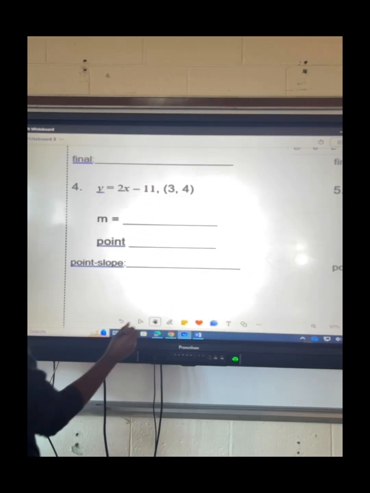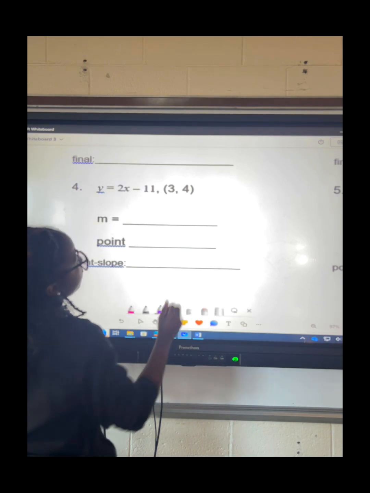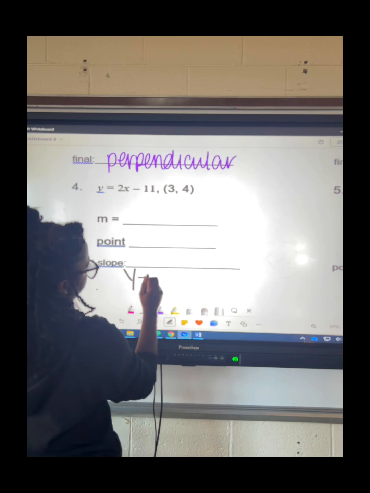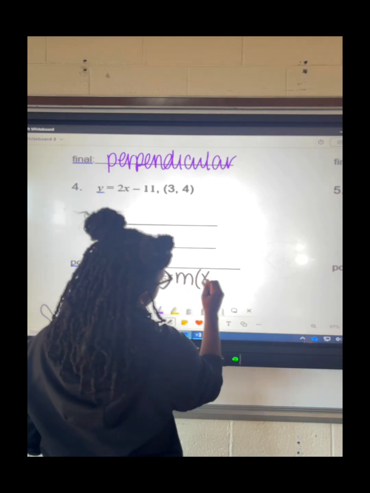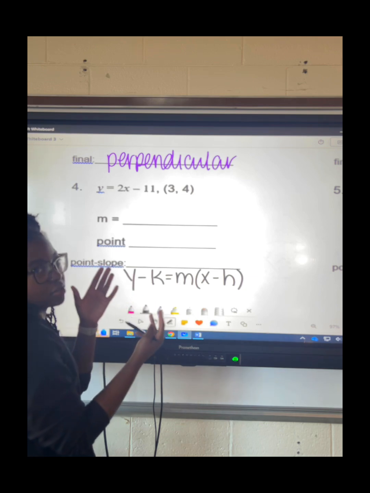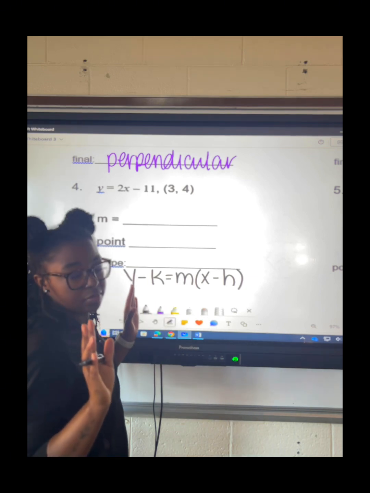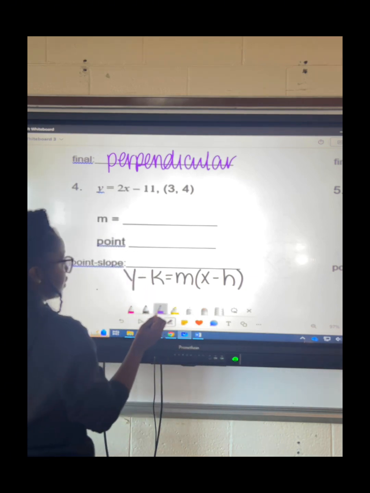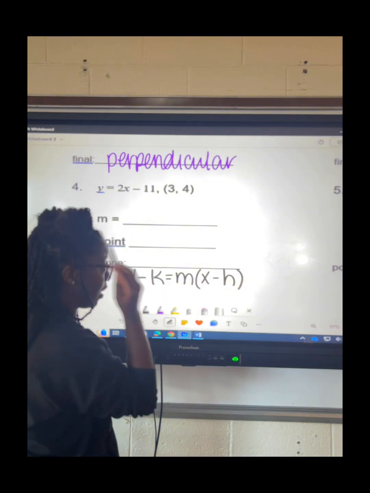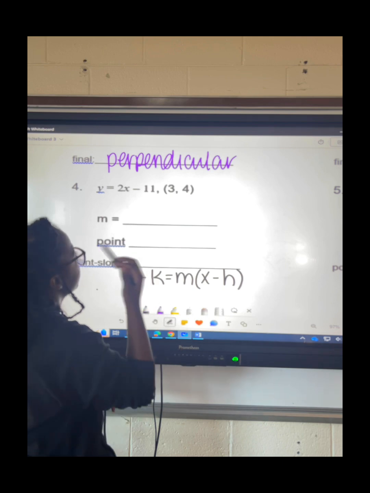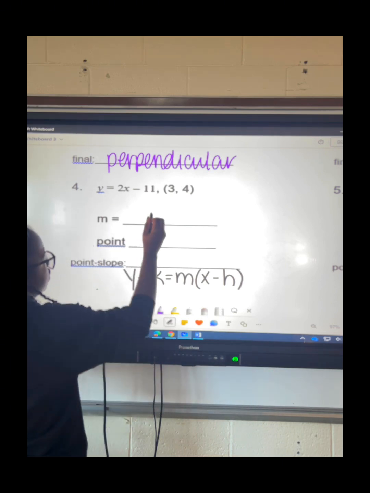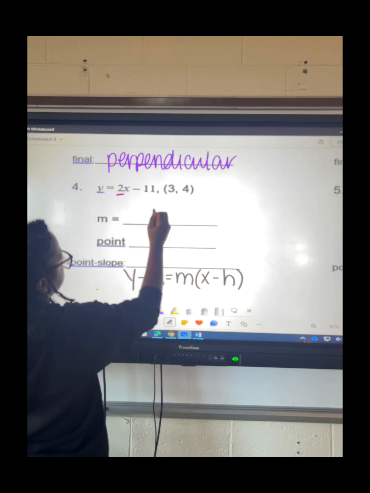So now I want to make perpendicular. My original equation, let's write that so we're comfortable. Sometimes it just makes you more comfortable to write the original first. I love it because the more you write it, the more you're going to remember it. Now, what do we remember about perpendicular lines? They have to have the opposite reciprocal. So my original slope was 2.